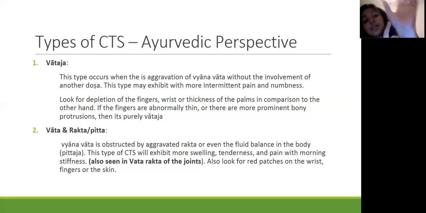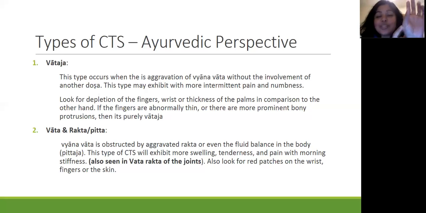So even though this is partially affected and it's not exactly affecting the bone, in this particular condition, again, if it is Vata that's aggravated, Vata won't just be affecting the nerve and the tendons, but it will start to affect everything else around. So if it starts to dry out the surrounding structures, it will not only dry out the muscles or the fat that reduces the thickness, but it will also start to dry out the cushioning.